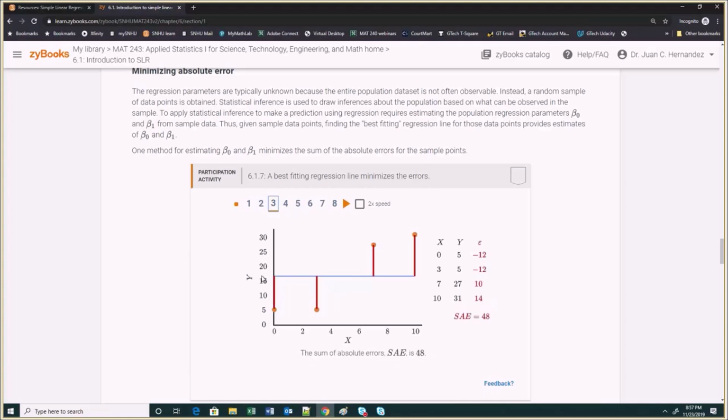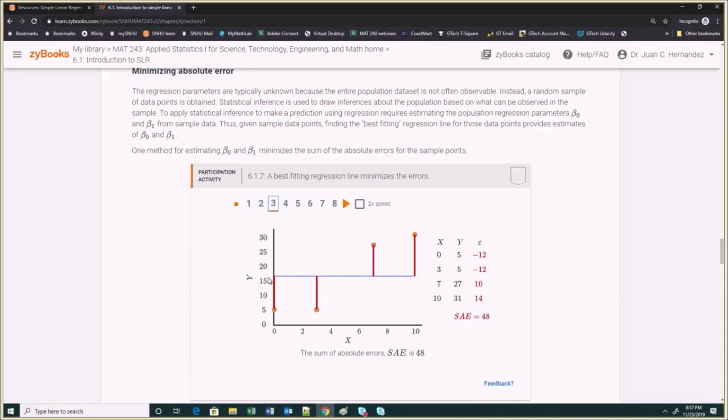If we have a line that is parallel to the x-axis, then we can calculate the error between the actual data point and the predicted point.